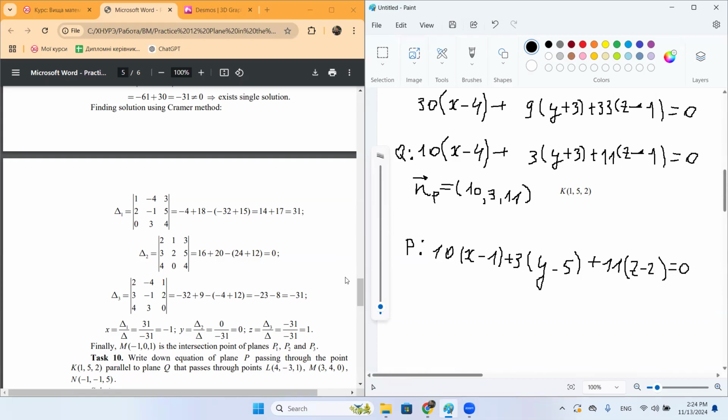Let's leave it in such form to save our time and have more time for solving other tasks.